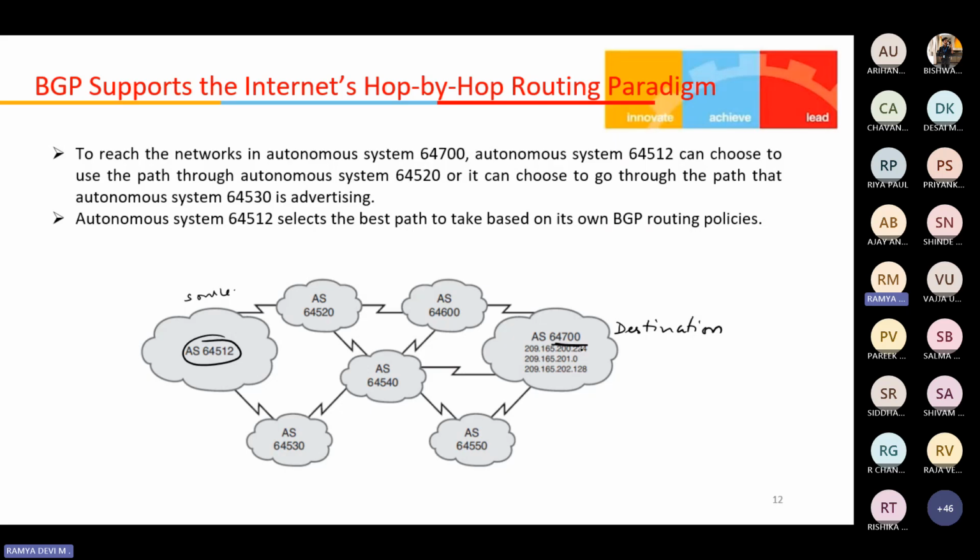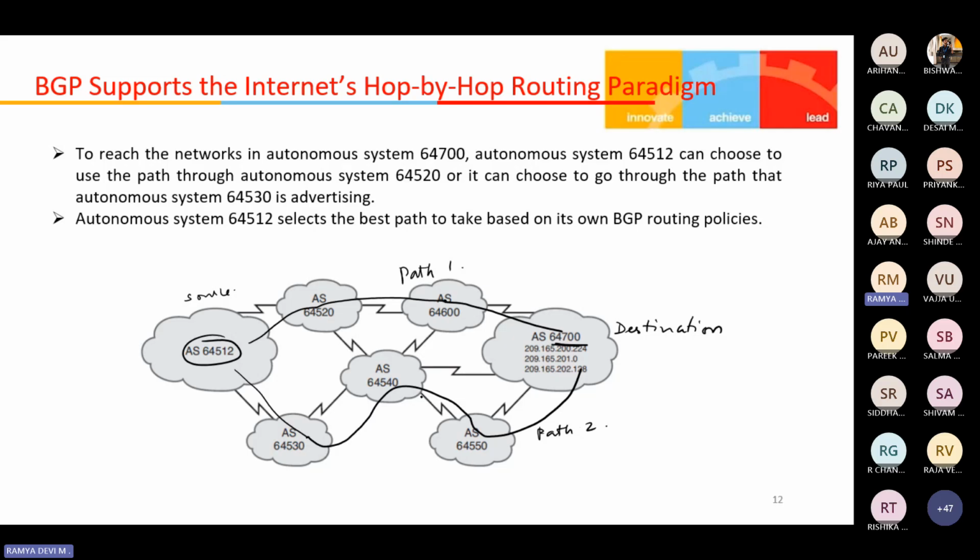64700 is the destination. So what is part one? Part one is from 64520, 64600, and 64700. This is actually part one. There is a part two as well. Part two is 530 from 540, 550, and it can reach the destination.